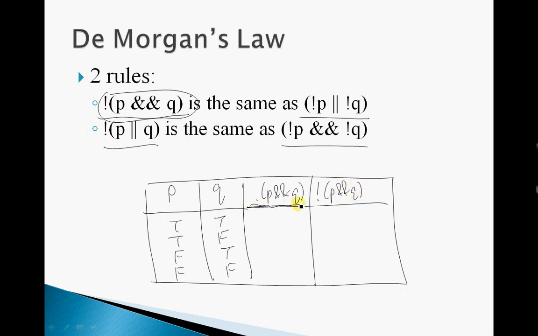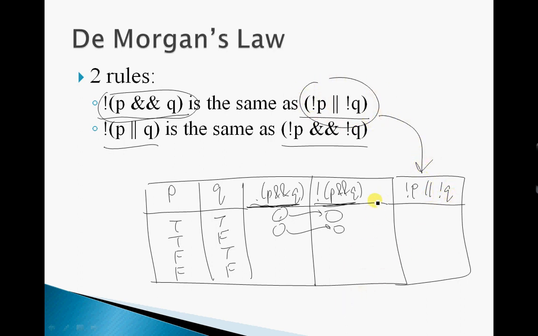In other words, you have a column for P and Q, and you have a column for not P and not Q, which is the opposite of this value, the opposite of this value. And then you can do this. And you realize that these two values will always be the same.